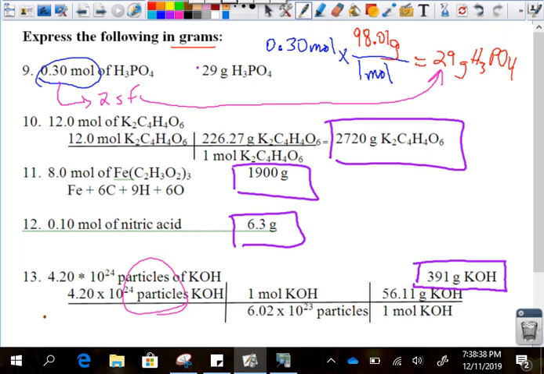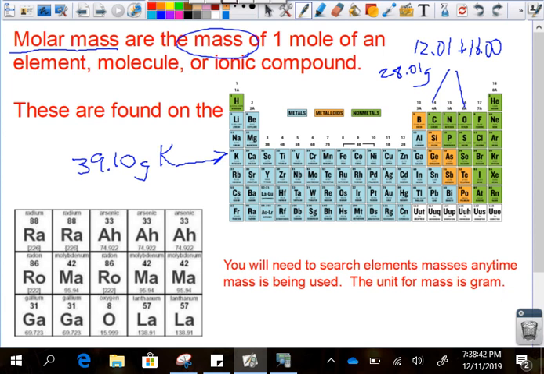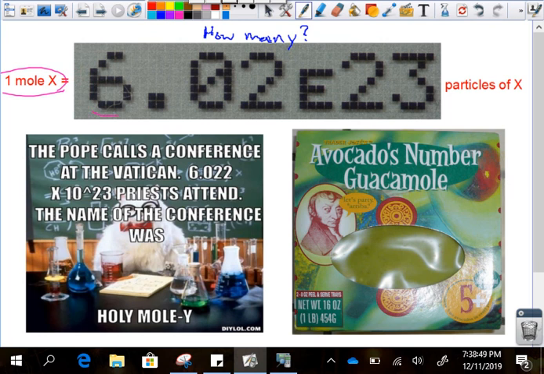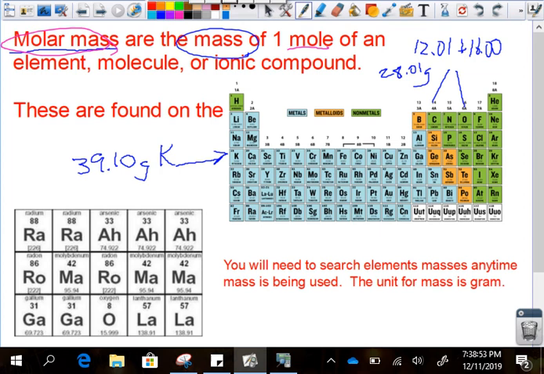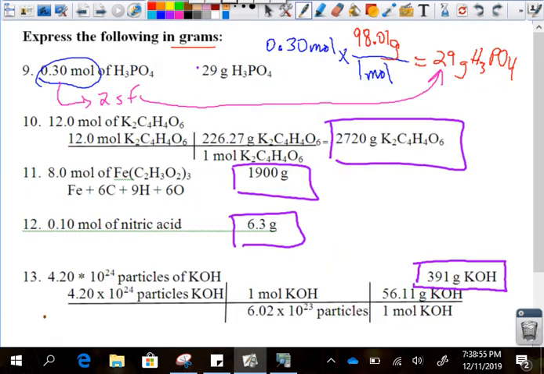And so, when we get a different unit, we have to ask ourselves, are we using 1 mole and the molar mass, or are we using 1 mole and Avogadro's number? Those are the only 2 choices you have. Well, since this is particles, we're going to use the 1 mole and Avogadro's number ratio. That ratio will allow us to change the weird, huge number of particles into moles.